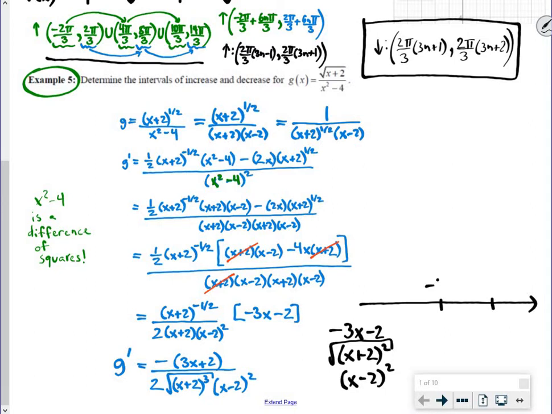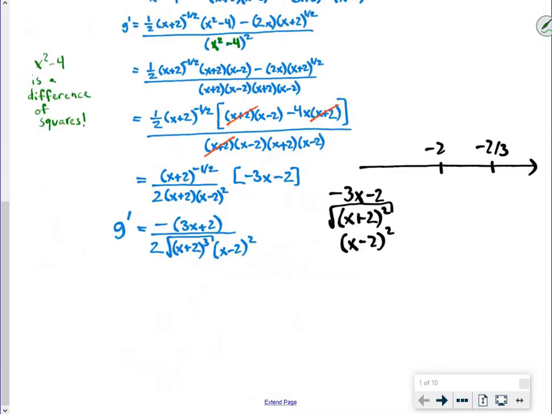Maybe I'll just give them to you: -2 and -2/3. I'll leave it to you to figure out whether those are increasing or decreasing. One thing I'll add: x minus 2 squared will be positive for any value you put in for x, because we're squaring it, it's always going to be positive.